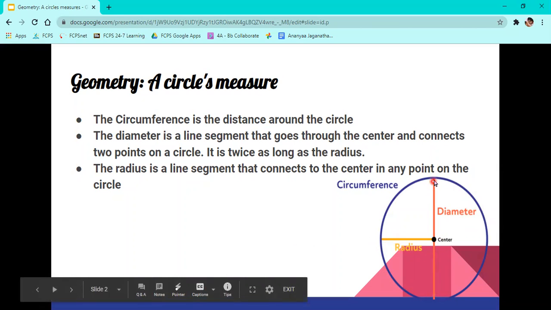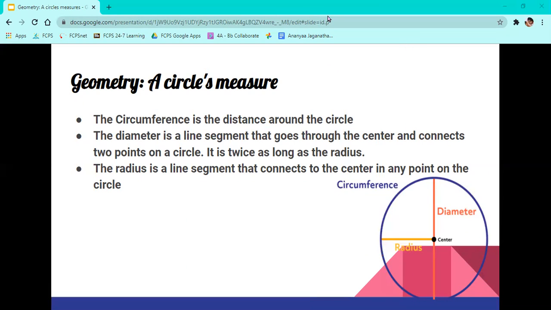This is the diameter. Remember this: if the radius is 4, the diameter would be 8. So that's the circle. And the circumference is like the perimeter of a square.